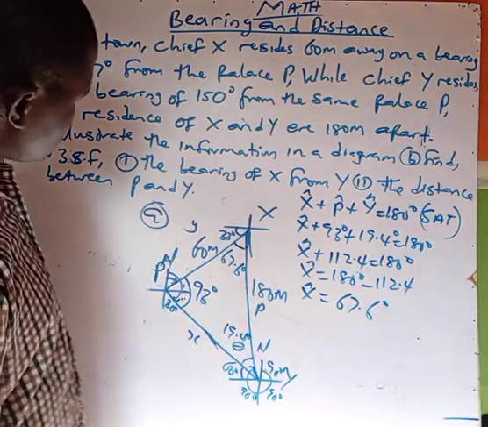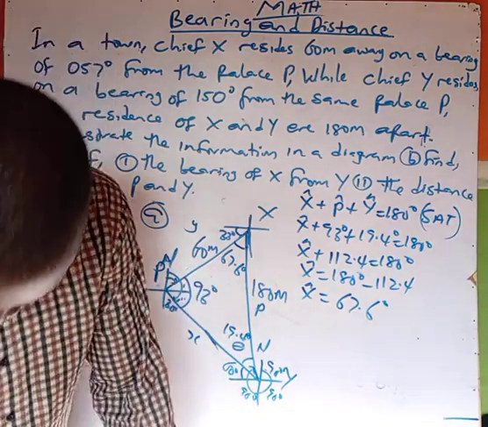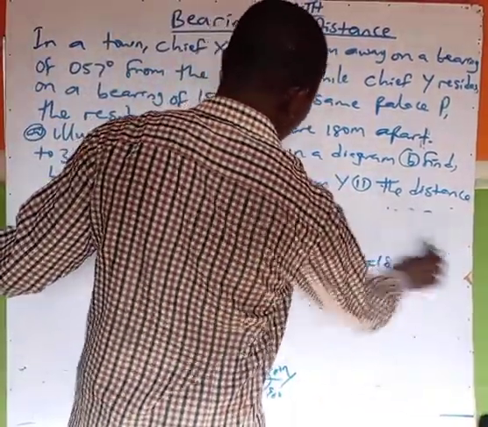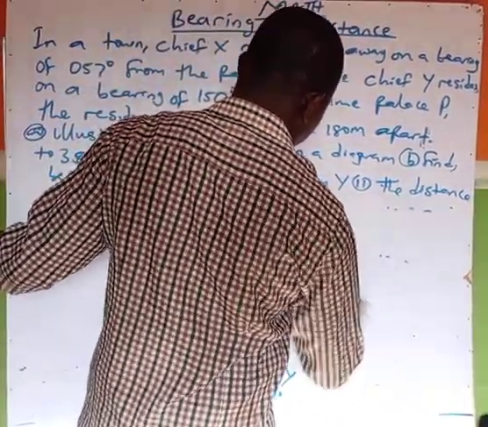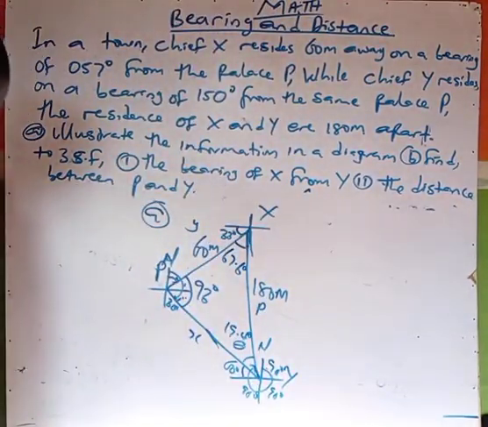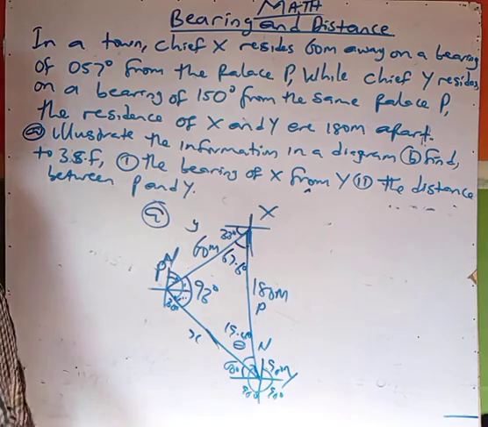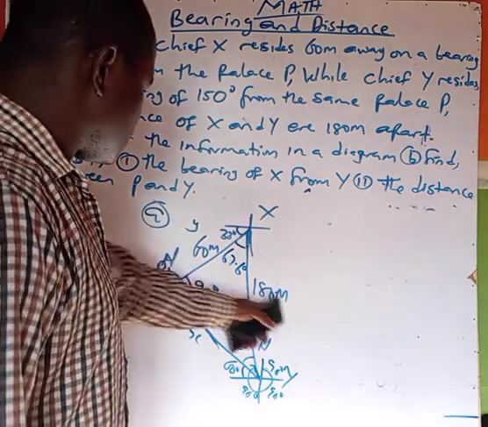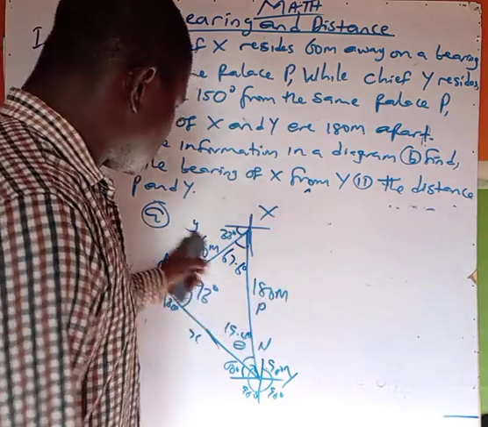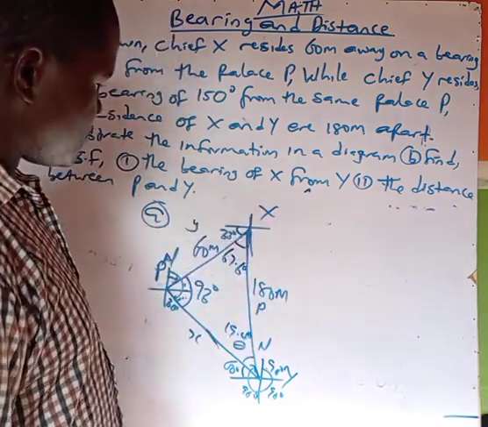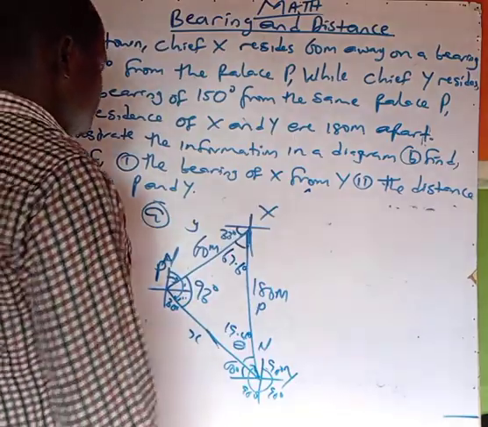Then you can now apply the sine rule. You can still make use of the sine rule. If you like, you can use cosine, because you are given this side and this side, and the angle in between. But let's make use of the sine rule we are using.